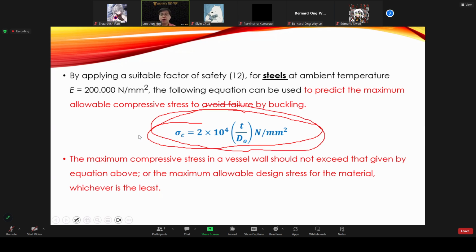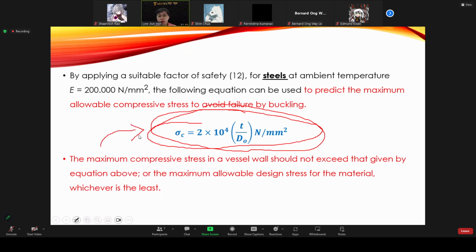This is also one of the criteria that allow us to evaluate whether the tower or the column that we are going to construct is actually stable or not. Can it be safely operated without buckling or not? This is one of the criteria, and this is the equation that we can apply.